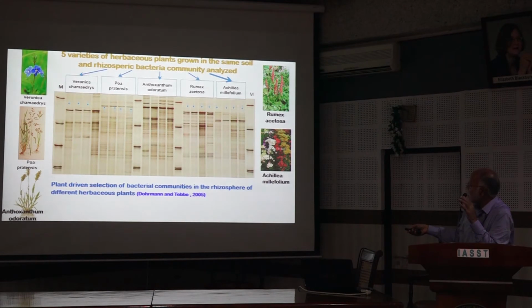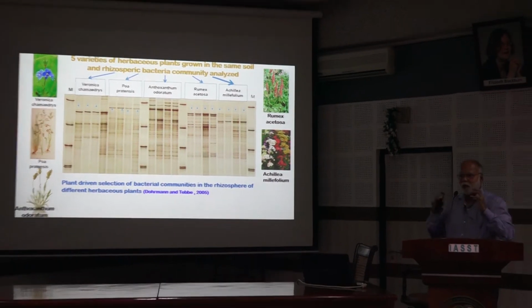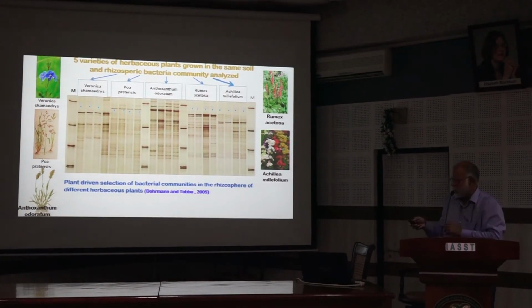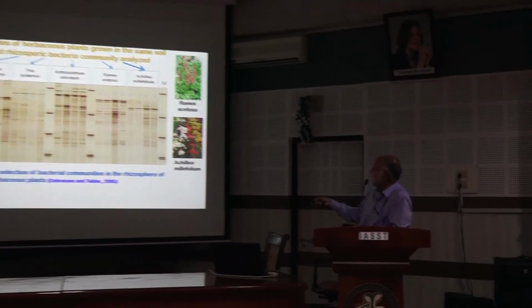Now let us see one published work. In 2005 it was published. You take one soil, same soil, same microbial composition, everything is same, and grow 5 different crops in replicate samples, and you take the rhizosphere sample, the rhizosphere soil. I will come to rhizosphere soil collection as a problem for all people who are working on rhizosphere microbiology.